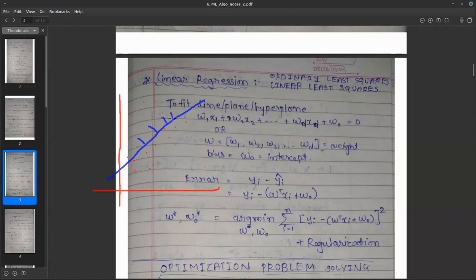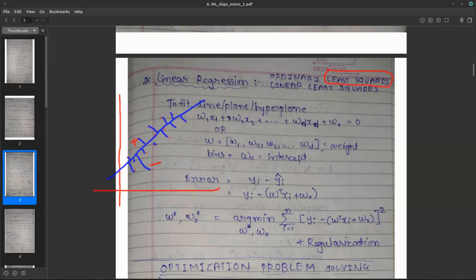This is the error I'm making, yi minus y prediction, right? So I am minimizing this error. But sometimes this error is positive, sometimes negative, so it's possible that they may cancel out each other. So I'm taking the square, right? That's why it's called the ordinary least square method.